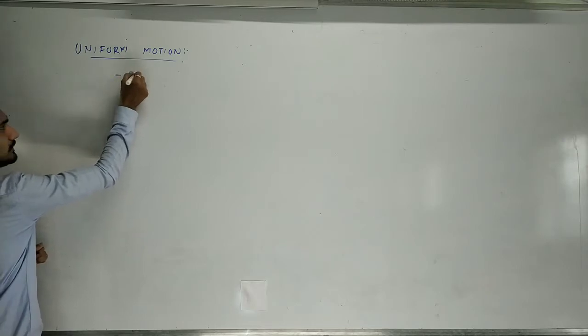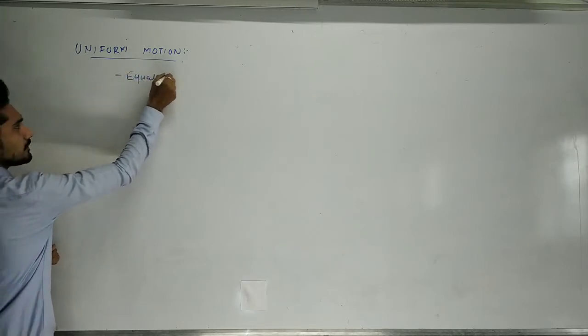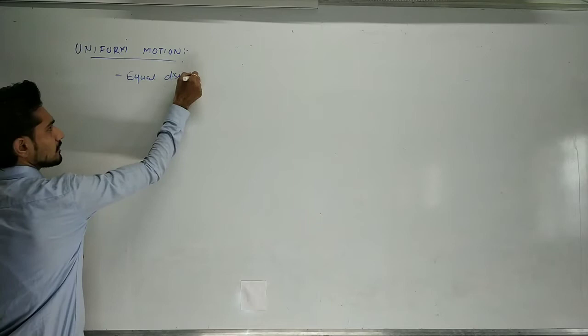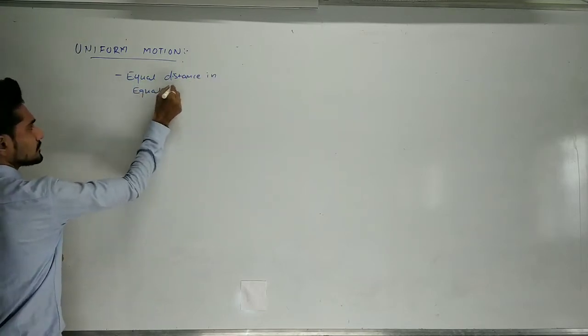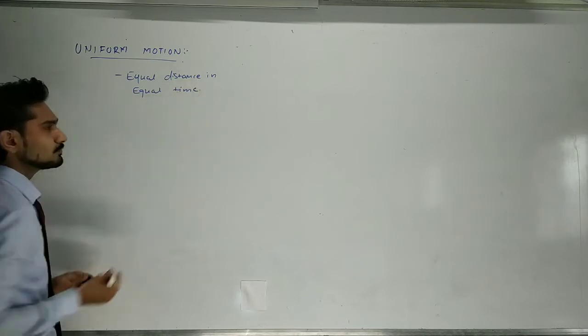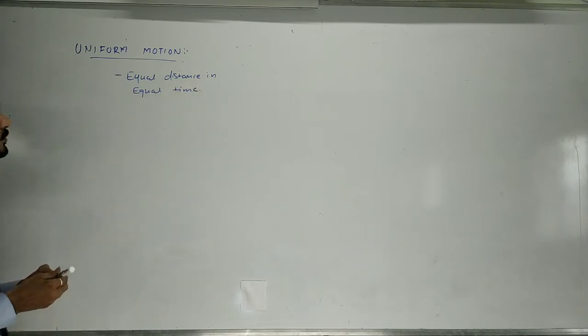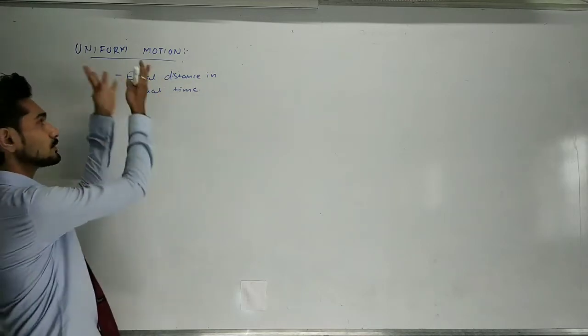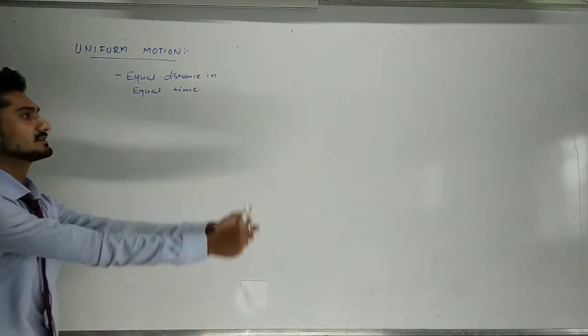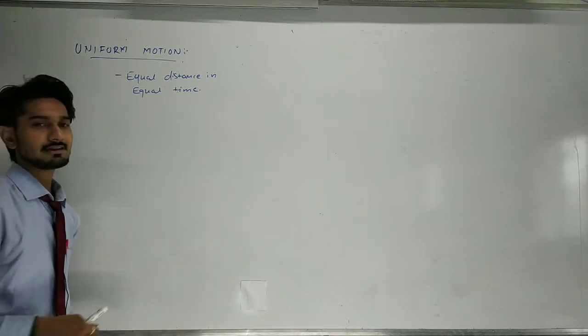Now what I have told you is: equal distance in equal time. This is the important point, you need to memorize it and write it down because it is considered in uniform motion. That is the way you can understand uniform motion, otherwise the problem will be created in your mind.